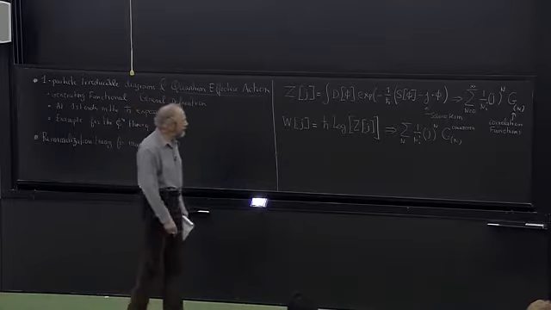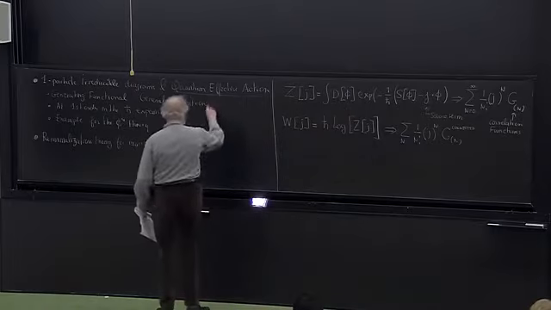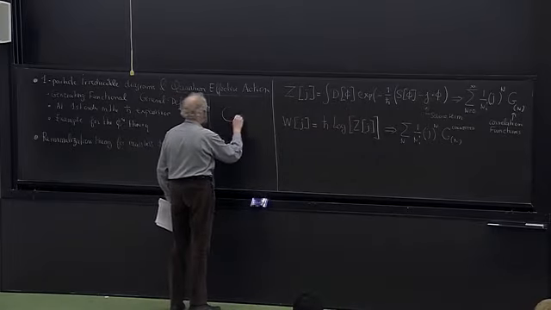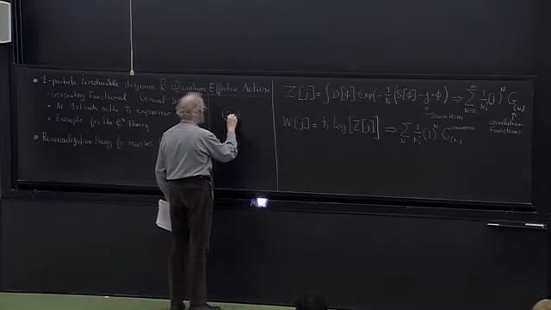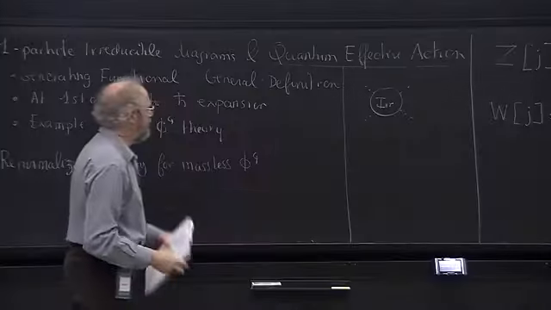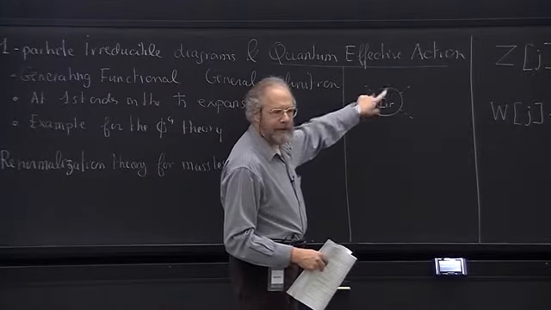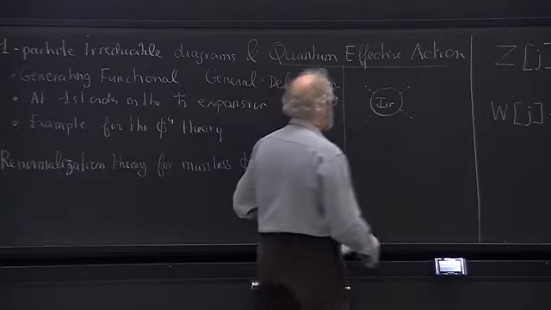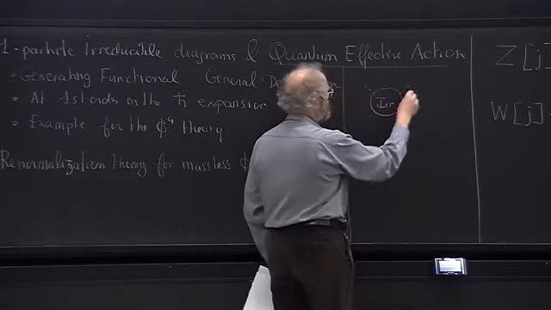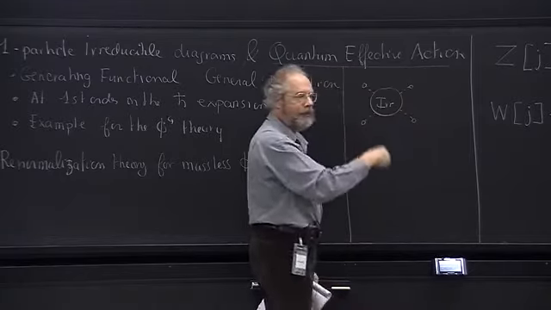And remember, an irreducible diagram of the phi-4 theory is a subdiagram of the phi-4 perturbative expansion, where you have external legs, but these external legs are amputated.